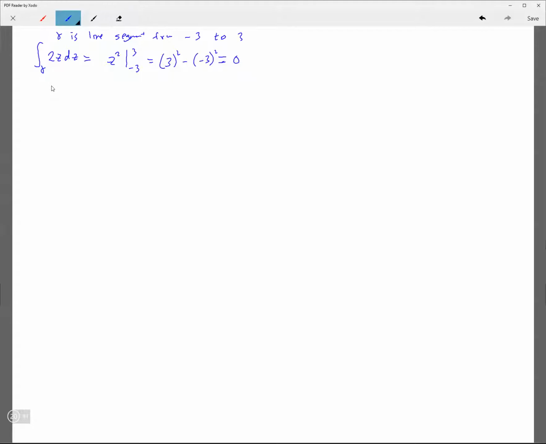And also, surprisingly, if you take it across, let's say, sigma, and let's say sigma is a semicircle, also from -3 to 3, so we're going this way like that.